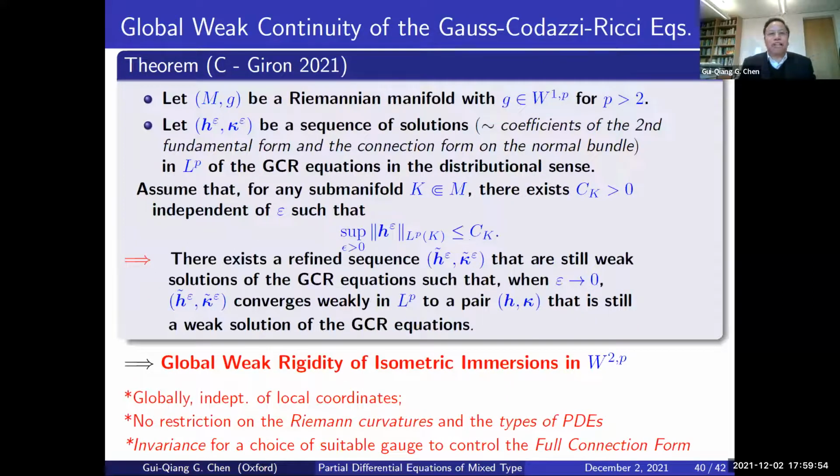For the high dimensional case, it basically only needs the second fundamental form, and then you can get the result: based on the sequence, you can find a refined sequence whose limit still satisfies the Gauss-Codazzi equations. So this is globally independent of local coordinates, with no restriction of the limit curvature type of PDE. Here we have to use some invariance of the choice of gauge to control the connection form.